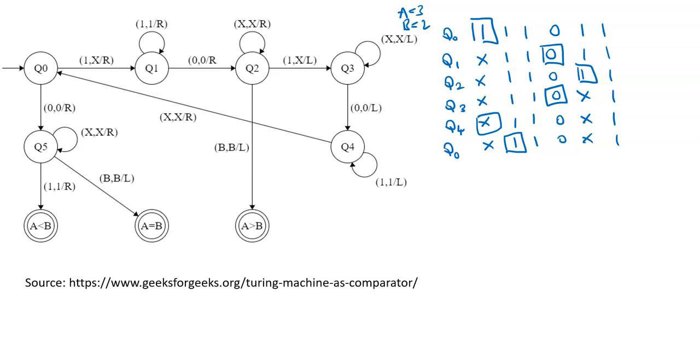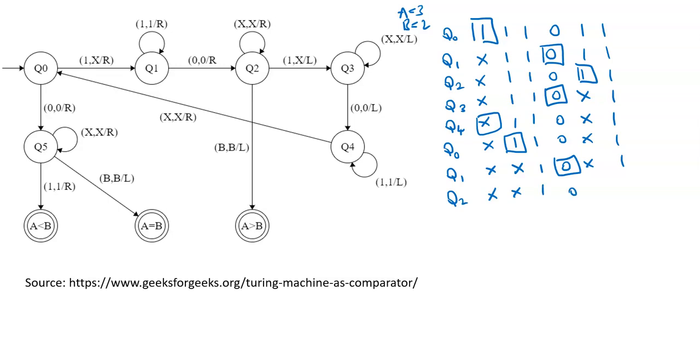So we start by turning the 1 into a cross and moving to the right, transitioning into state 1. We're in 1, we move to the right again and we stay in 1. We've now got 0, so we move to the right again, but we go to state 2.